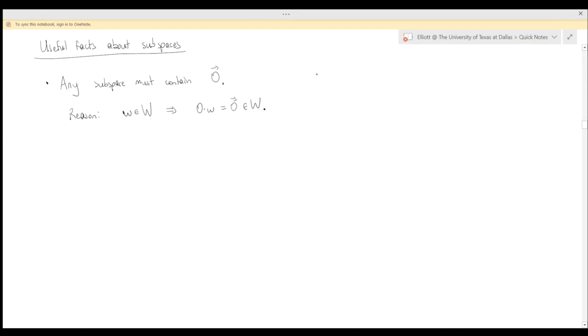The reason why this is useful is that if you see a problem and you notice immediately that the 0 vector is not inside of that set, then you can immediately say that it is not a subspace because it does not contain the 0 vector.